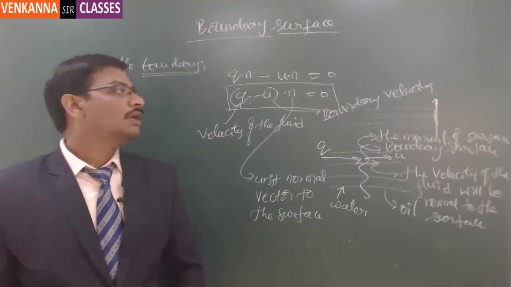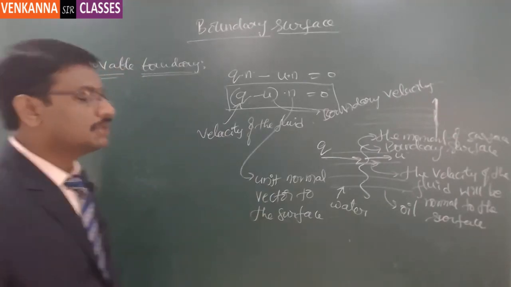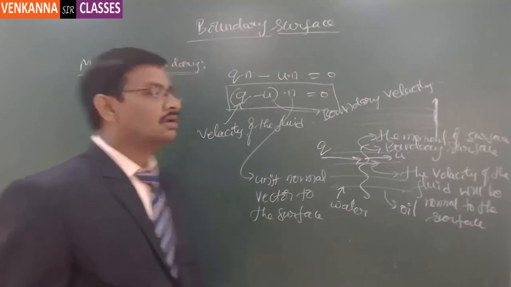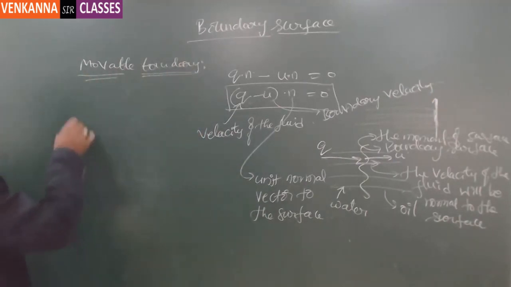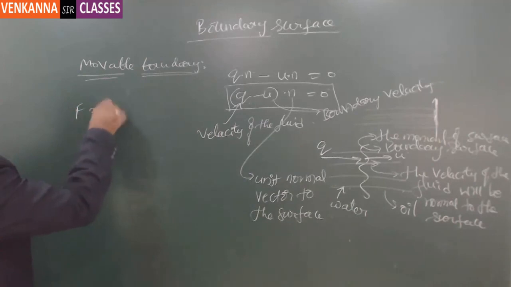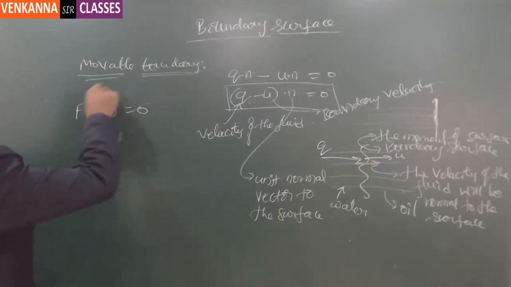Now, if you want to identify whether it is a possible boundary surface or not, let us say the boundary equation is f of r comma t is equal to 0.